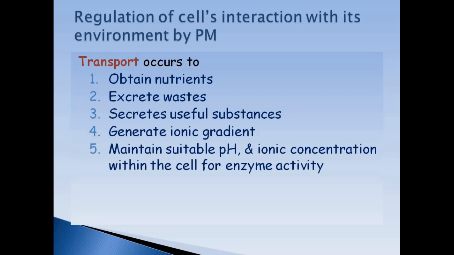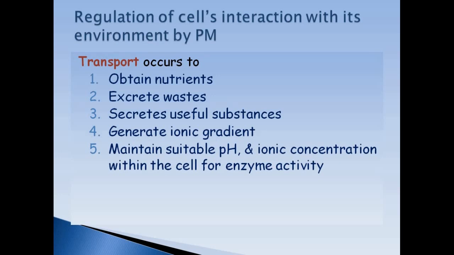So these secretions are also released outside through the plasma membrane. Then, for metabolic activities, certain ions are required in certain concentrations. Sometimes this concentration is higher compared to the outer environment of the cell, and sometimes it is lower. So it is a function of the plasma membrane to maintain the concentration of ions and molecules inside the cell.